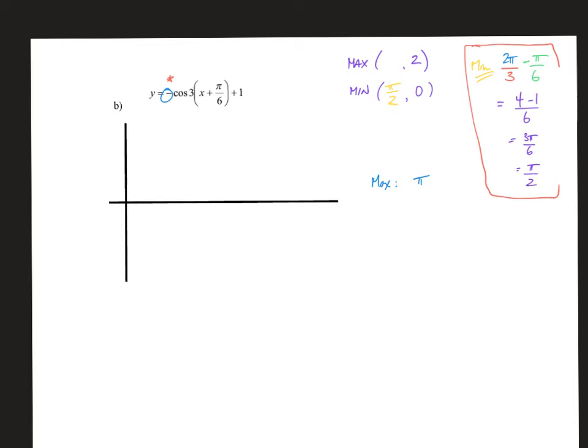And now I'm going to take that value of pi and do all the transformations to it. Horizontally stretch it by a factor of 1/3, so multiply it by 1/3 or divide by 3. Now shift it to the left pi by 6. So if I simplify that, I have a 2/3 minus my 1/3, 2/6 minus my 1/6, and therefore I get down to pi by 6.